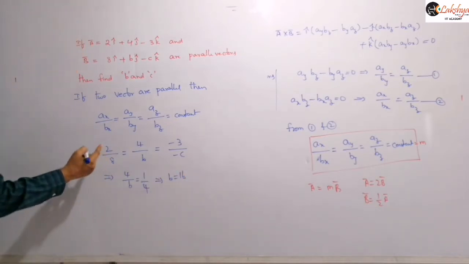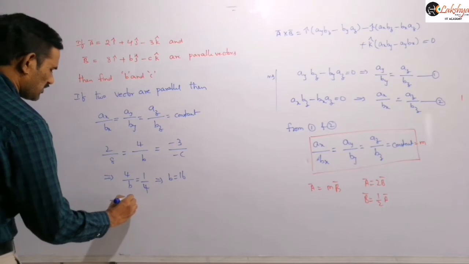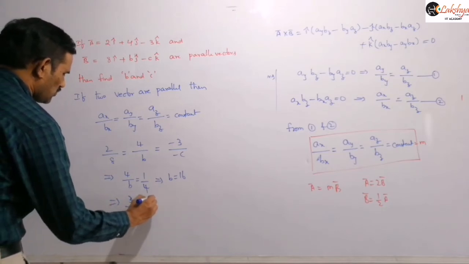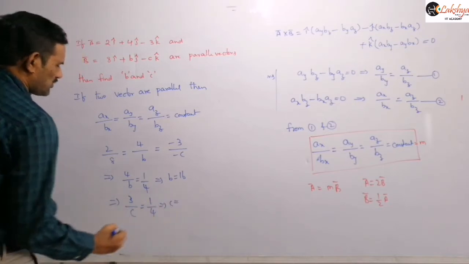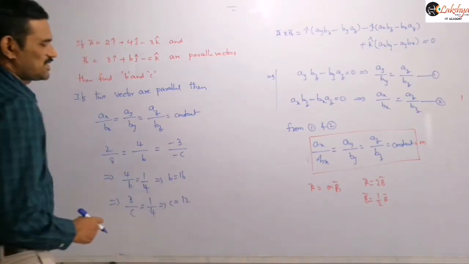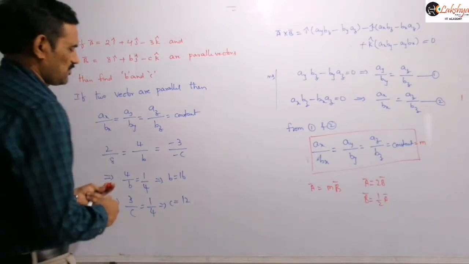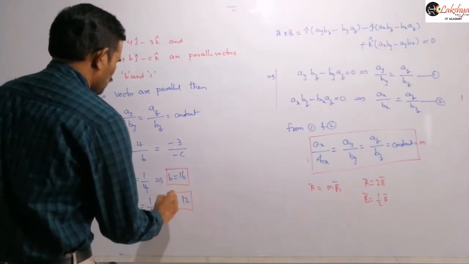Then similarly, if you are using these two terms here, you can write 3 by c is equal to 1 by 4. So again c is equal to 12 you can write. So those are the b and c values here: b is 16 and c is 12.